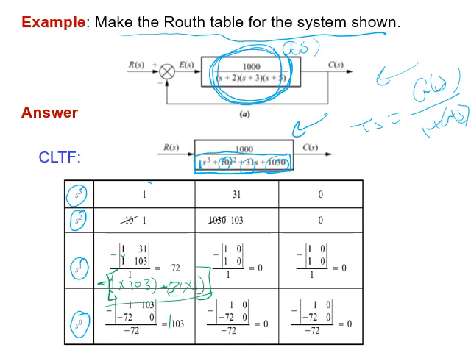That's how you can deal with it. So when you solve it, you are going to find that it's minus 72. I'm repeating: to solve the value 1 into 103 minus 31 into 1 divided by 1 and all minus, you are going to end up with minus 72.